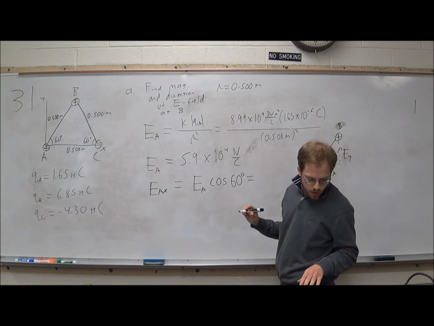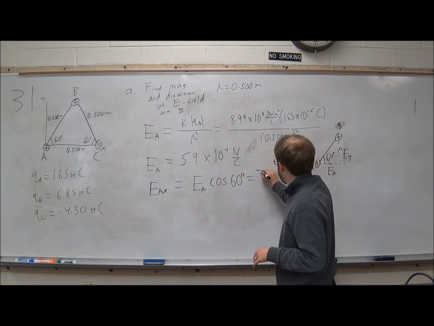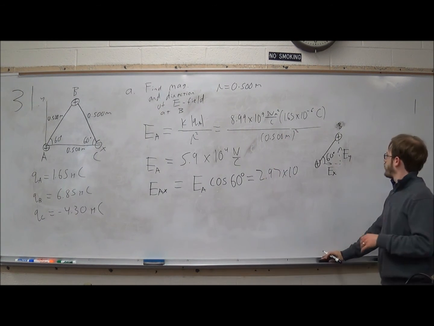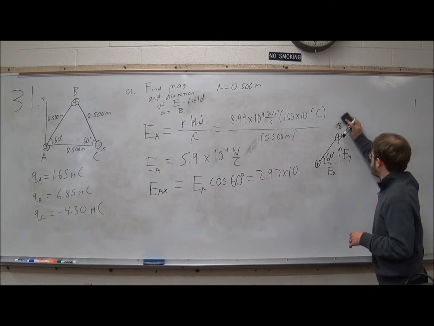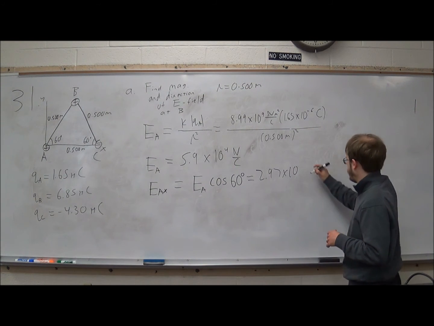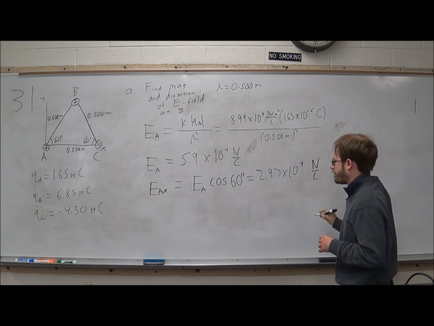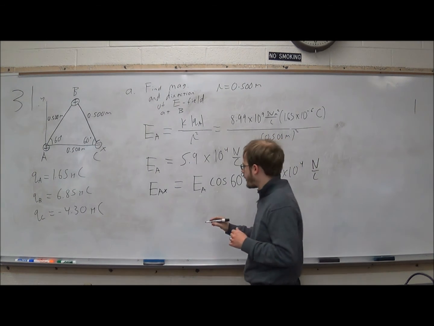Let's write that down, and we get 2.97 times 10 to the fourth power newtons per coulomb. Let's do the same thing for the y component.